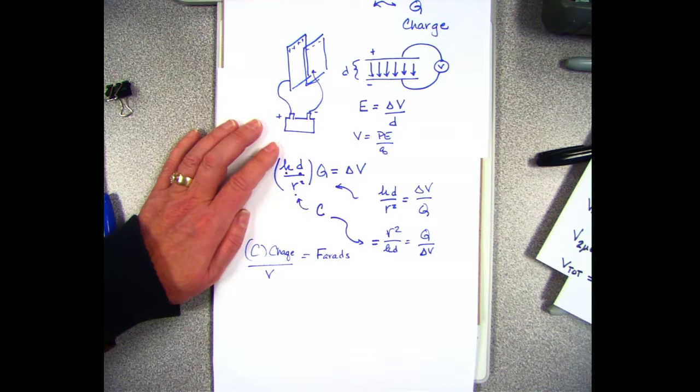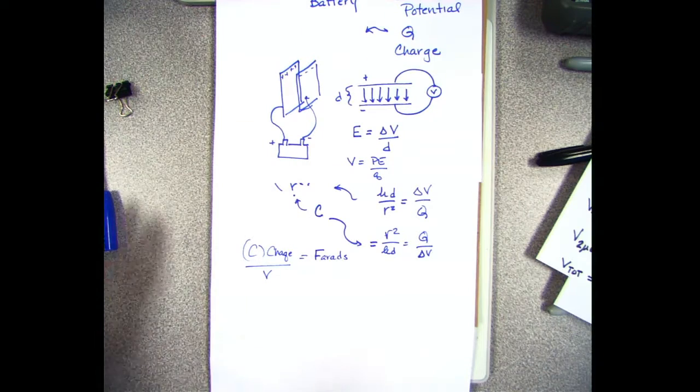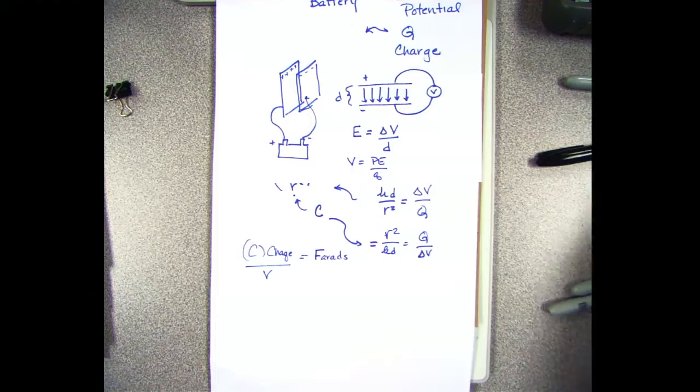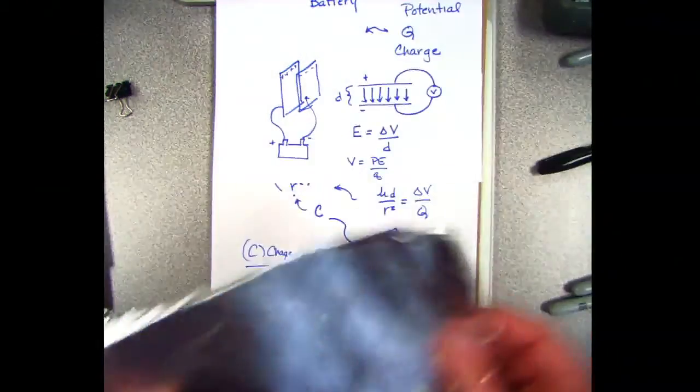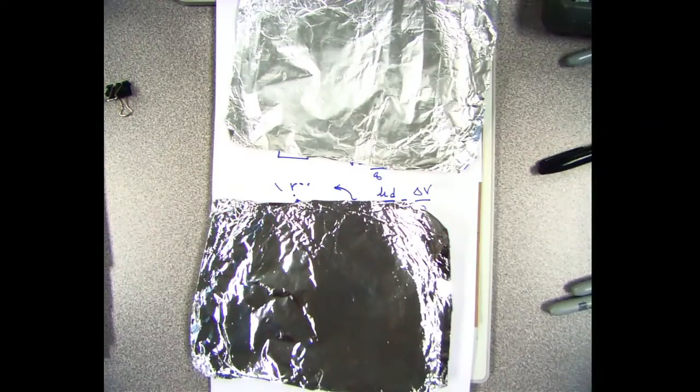It's really tough. Here are my plates, two pieces of aluminum foil. Even though you can't see it over here because I have it behind there, I've got a really short cable, and I have a DC power supply, essentially a battery.